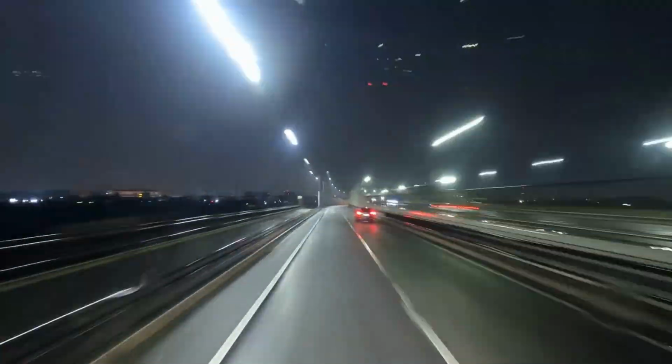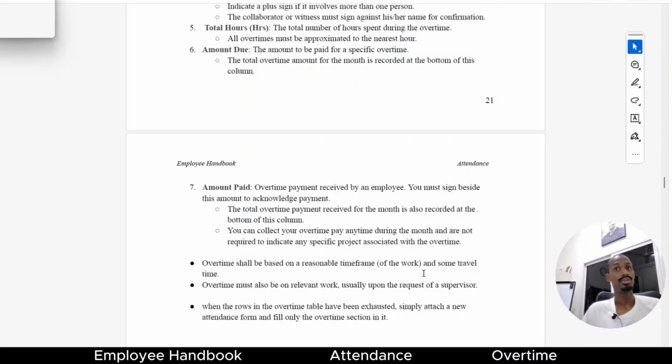Remember, let's say you live at Manjai and your overtime is at Brikama, and your overtime ended there at, let's say, 6 p.m. Normally you should be ending your overtime then, but because Brikama is far, you might add an extra 30 minutes or 1 hour.